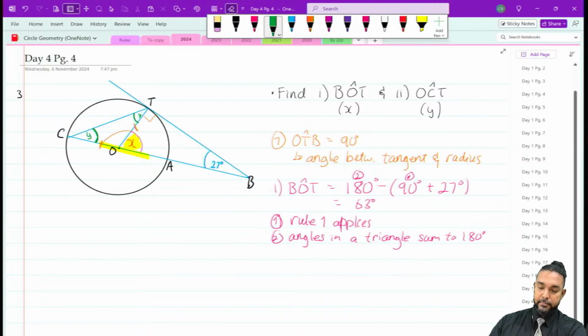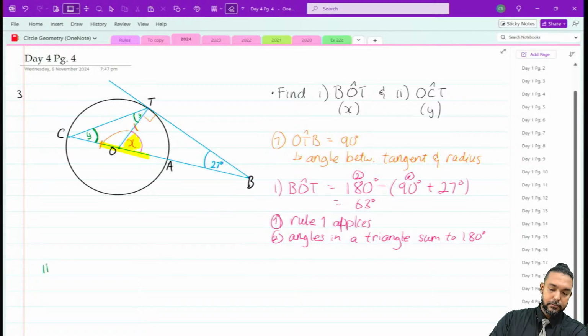When you take away the 63 from that, this is 117 here, right? And you have to subtract that from 180 and divide that by 2 to get the angle Y.